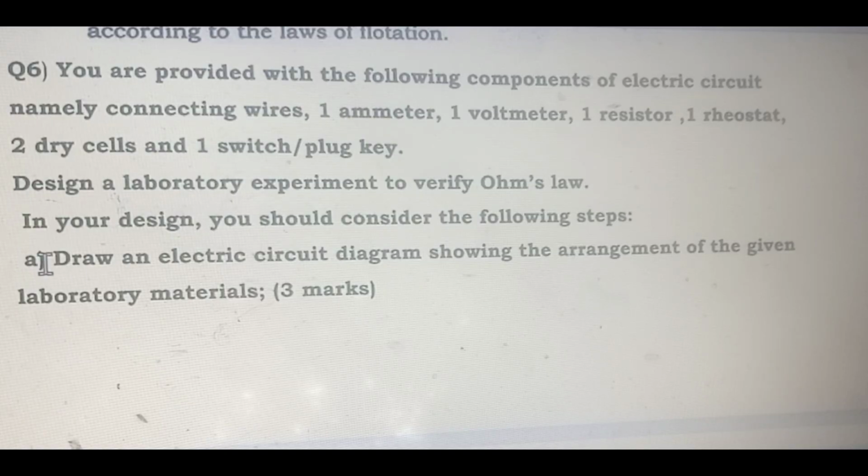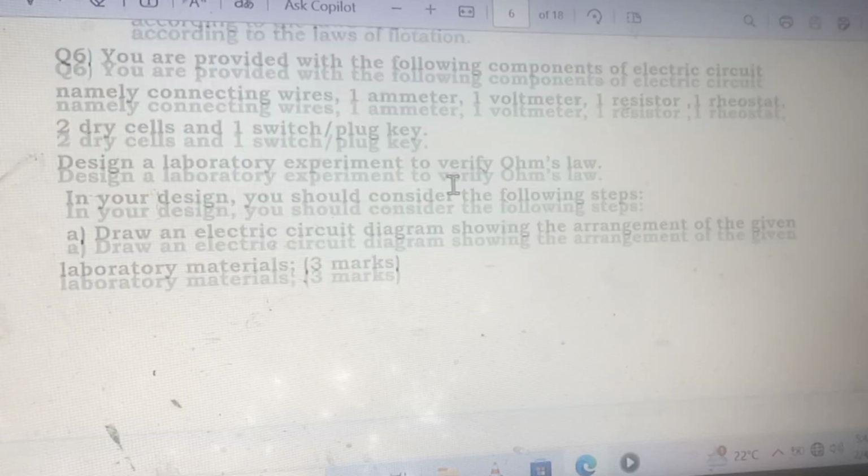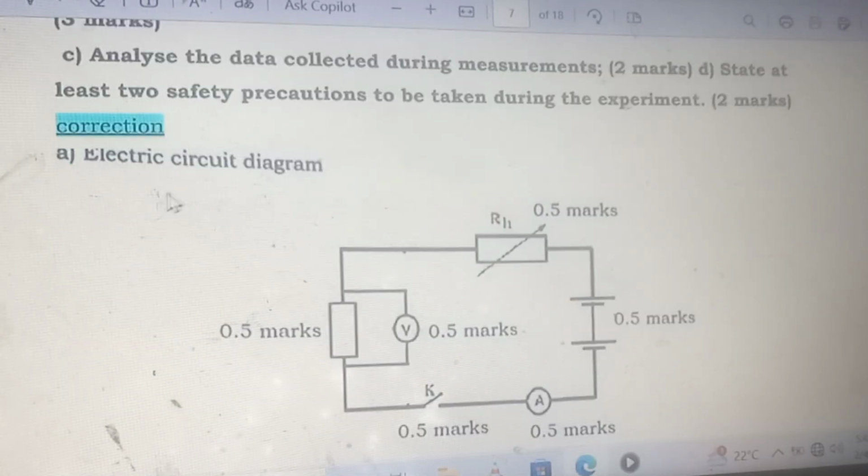According to the question and the theories we know in this unit, the ammeter, 1 resistor, 2 dry cells, and 1 switch are connected in series, and 1 voltmeter is connected in parallel, as you see in the solution.